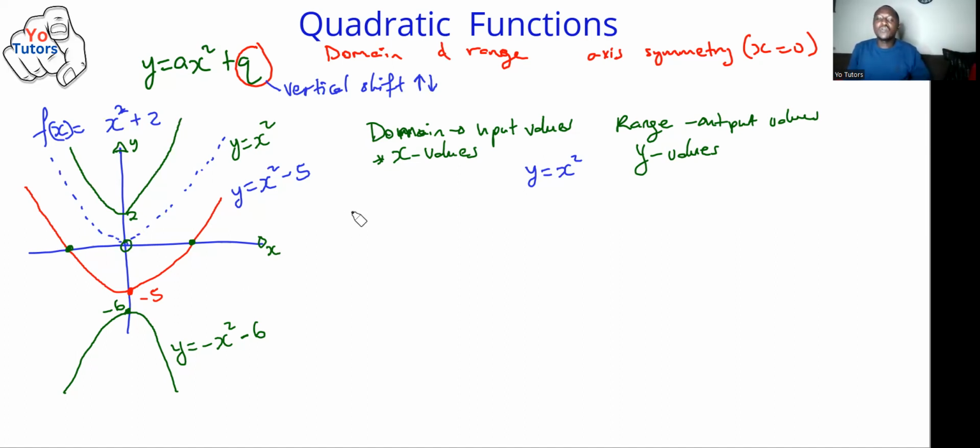That's what is happening here. So we can just say here, x is an element of real numbers. Or we can say x occupies negative infinity to positive infinity. That's the domain there.